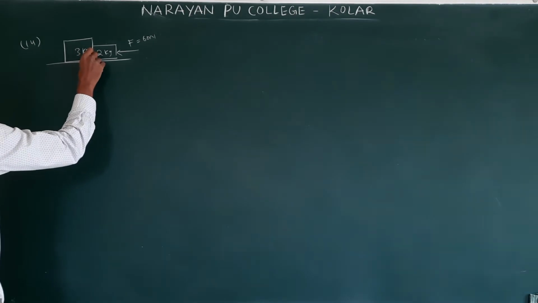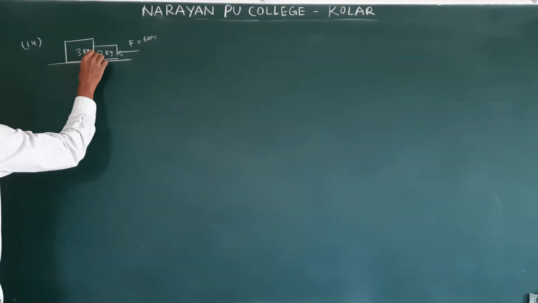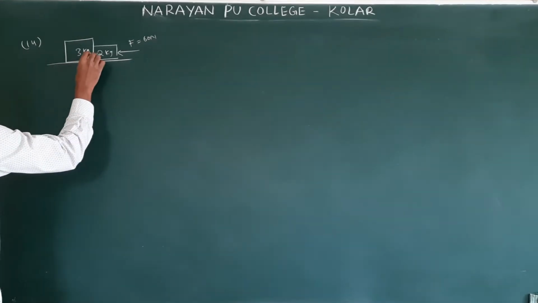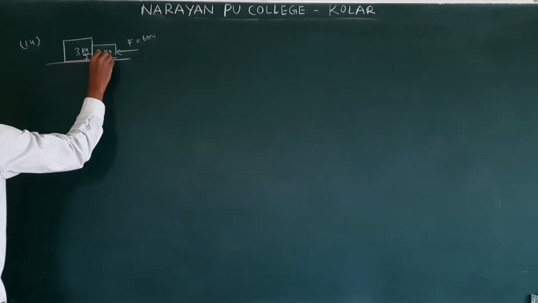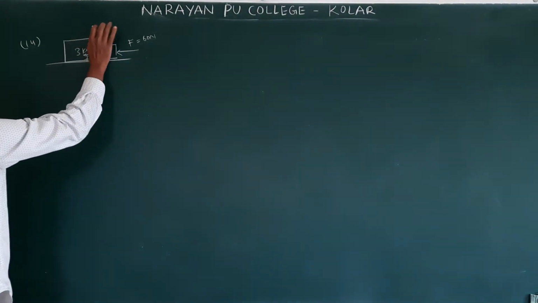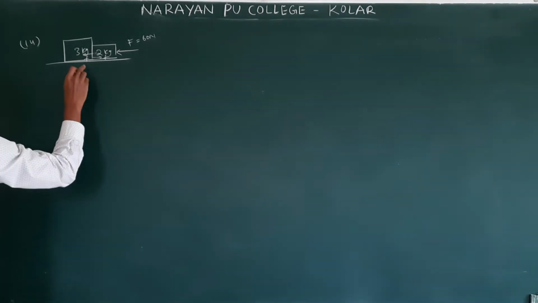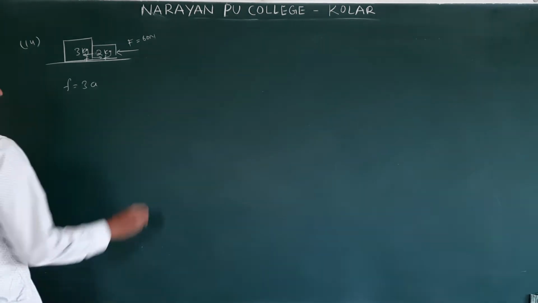Here a contact force will develop. Let us say the 2 kg will exert a force on this, let us say small f. This exerts small f in this direction. For the 3 kg object, who is accelerating it? Small f. So small f, the contact force, is equal to 3 into A. How do you find the acceleration?